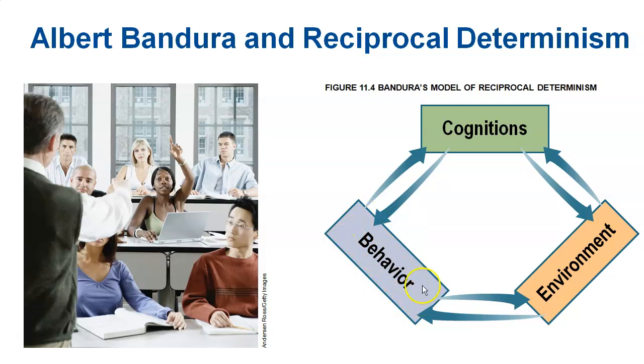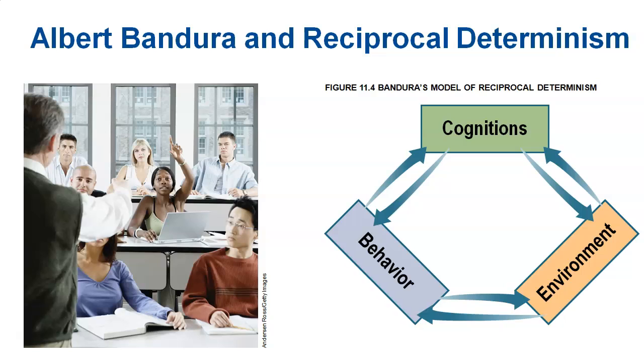Your behavior is affected by the way that you think, or your cognitions, and also by your environment. And the environment is affected by behavior, and also by the way that you think. So all of these three things, which you will need to know for the exam, affect one another. They influence one another. And that is reciprocal determinism.